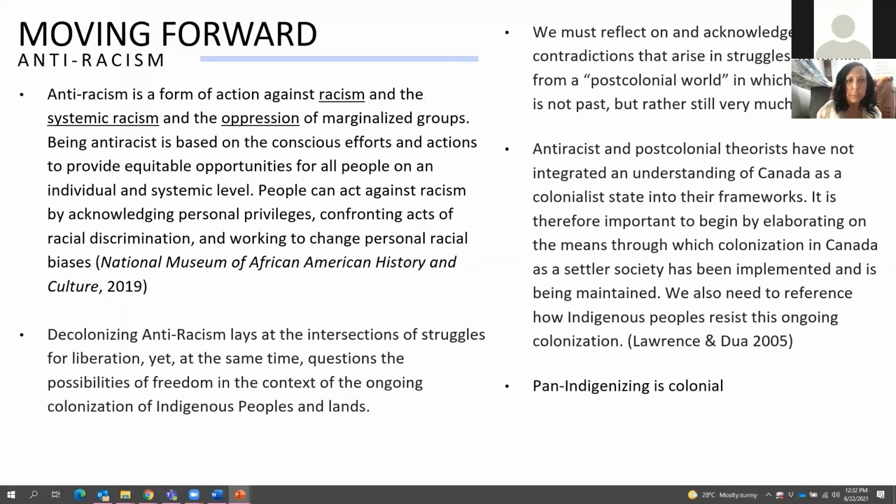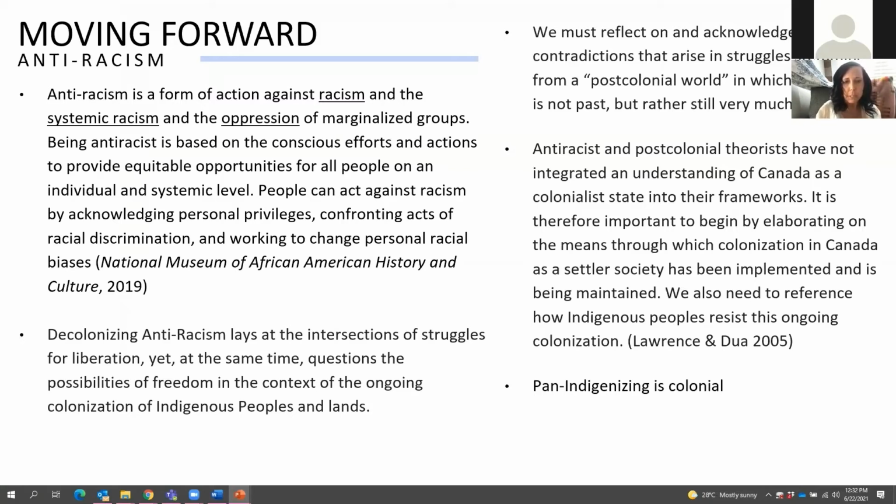So moving forward, anti-racism is a form of action against racism, including systemic racism and the oppression of marginalized groups. This is where we have to start to talk about decolonizing anti-racism that lies at the intersection of the struggles for liberation.